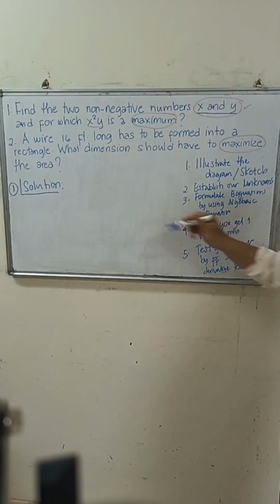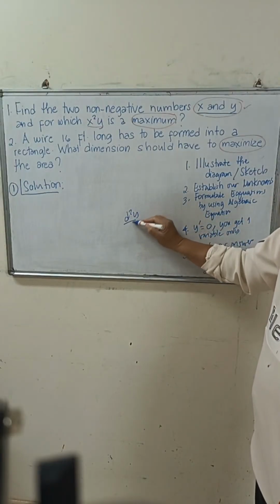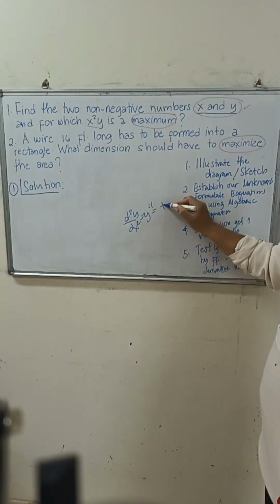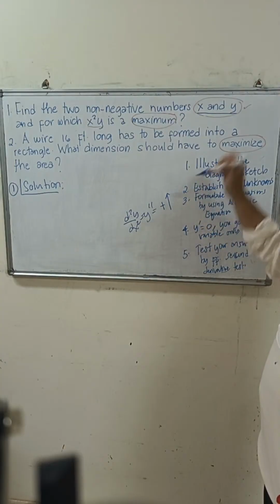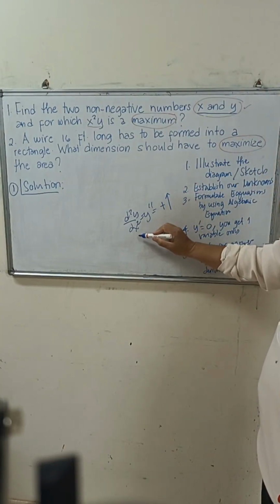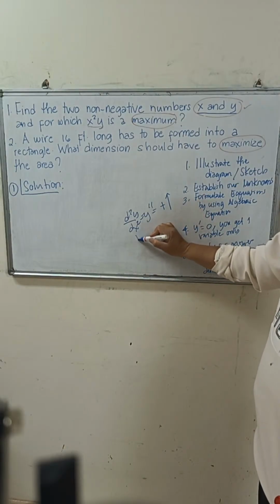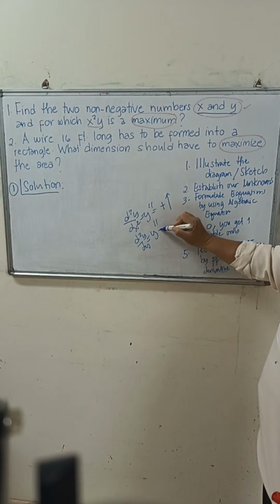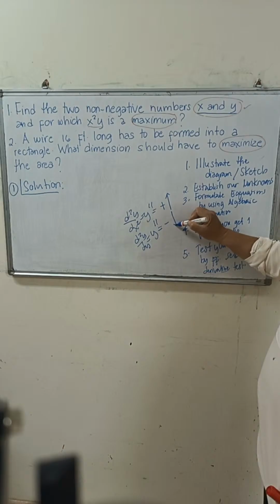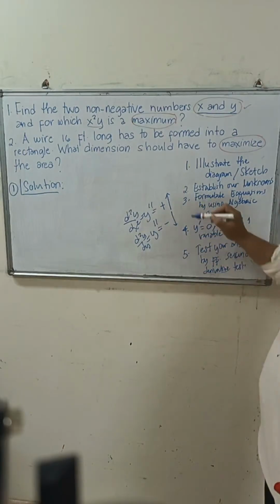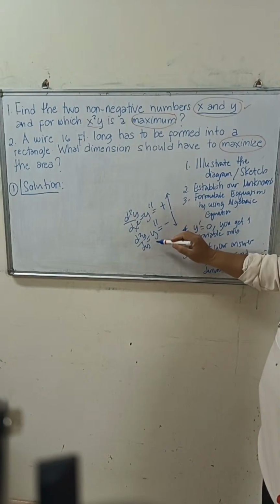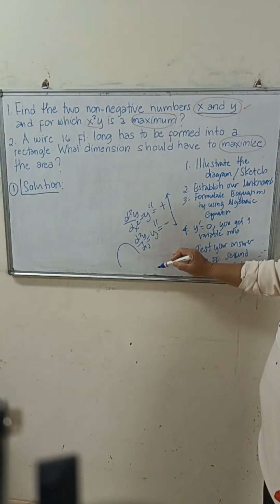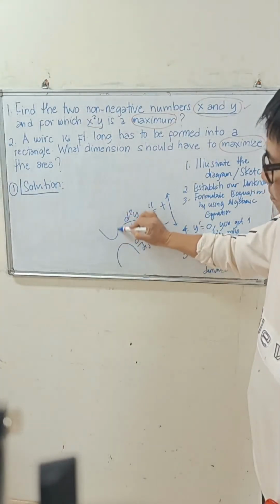So meaning to say your d squared y over dx squared, or y double prime, is positive, increasing, or above 0. But if it is maximum, relative maximum, therefore you obtain a double derivative y double prime that is negative, decreasing, and below 0. So your relative maximum will be concave down and your minimum will be concave up.